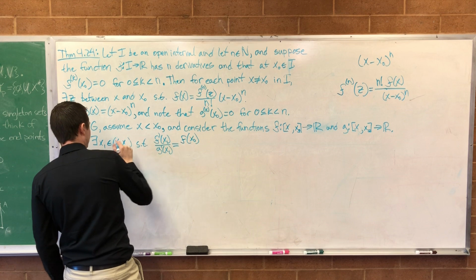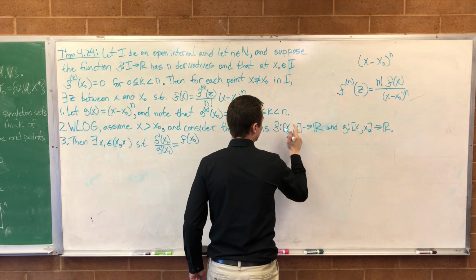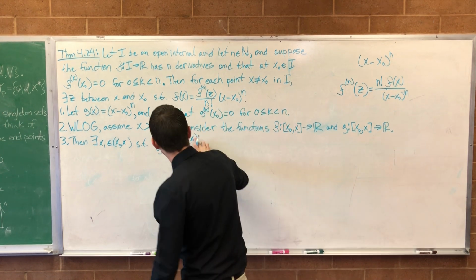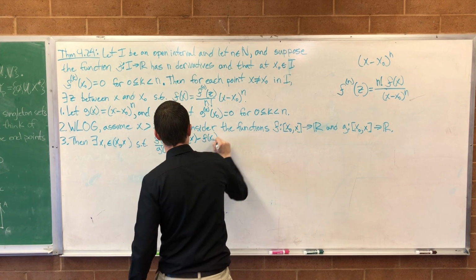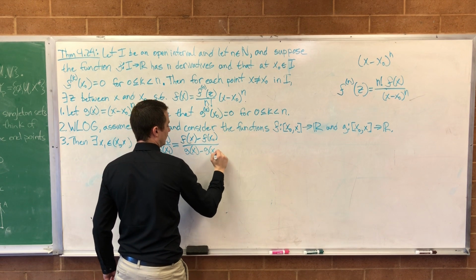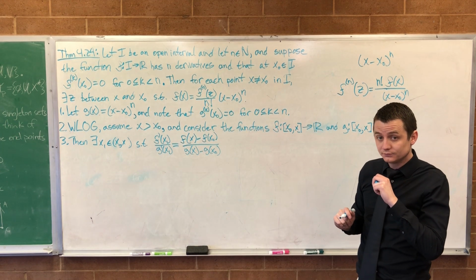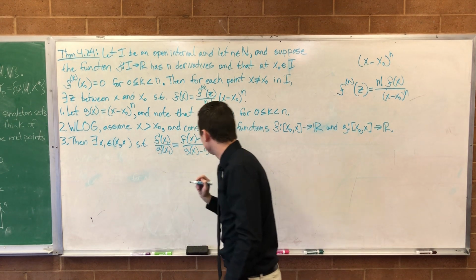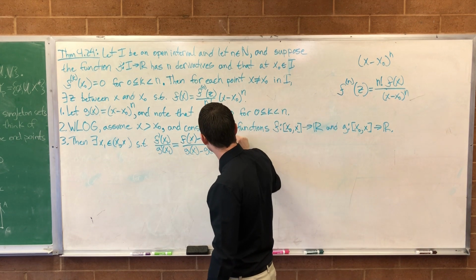Okay, f of x minus f of x naught over g of x minus g of x naught, which is just equal to f of x over g of x. Right, why?